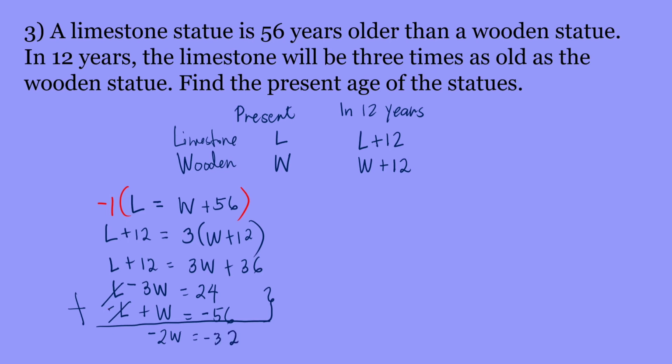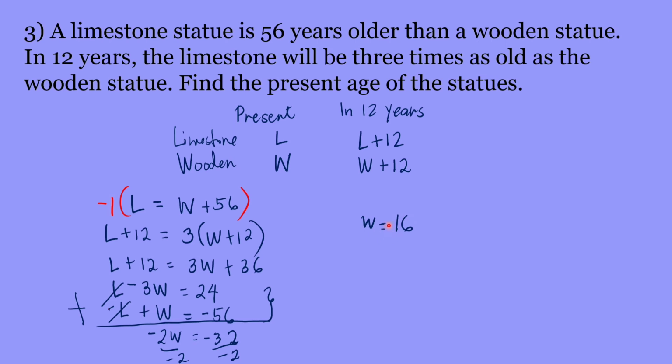Alright? So divide both sides by negative 2. So that will give us W equals 16. So, the age of the wooden statue is 16 years old.